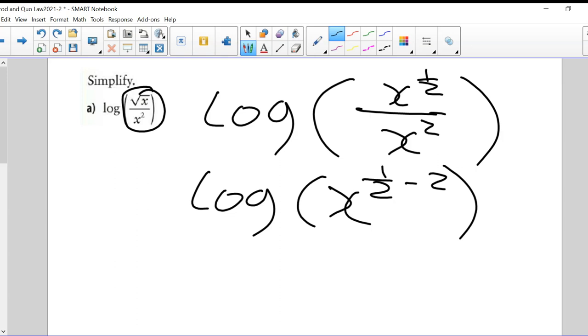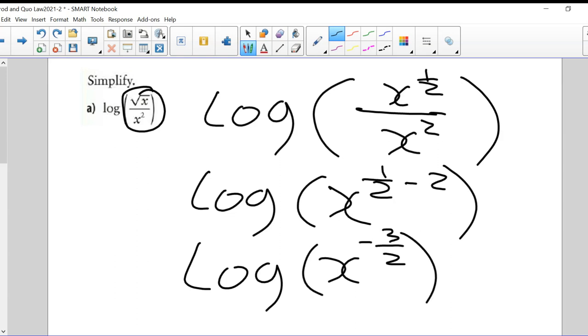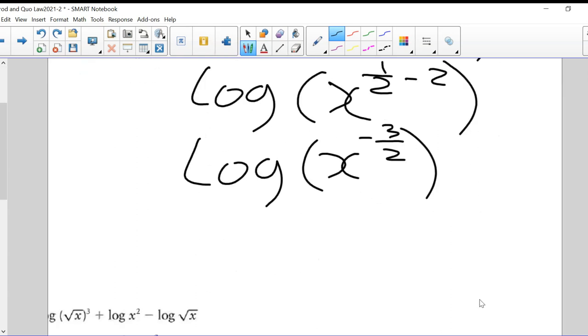And if it does, then I'm trying to find the log of x to the power of minus 3 over 2. A half minus 2 is minus 3 over 2. Which means that I would end up with minus 3 over 2 log of x.